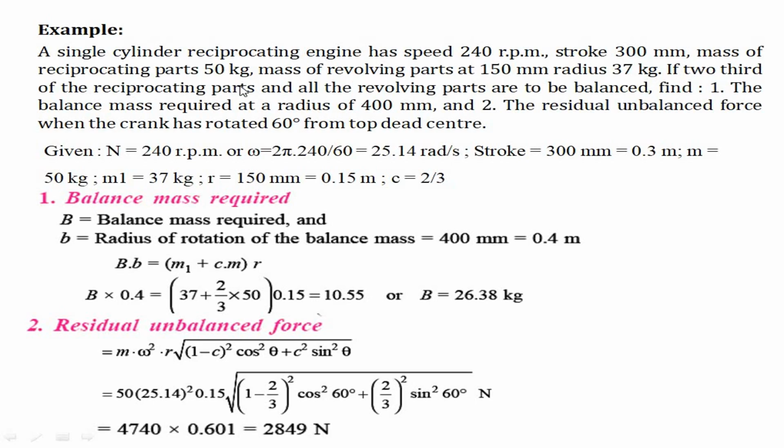If 2/3 of the reciprocating parts and all the revolving parts are to be balanced, so 2/3 of 50 and 37, that is the rotating mass. So in total you are going to balance this amount of mass multiplied by the radius, which is already given to us. So we can determine the balancing mass required as well as the residual unbalanced forces.